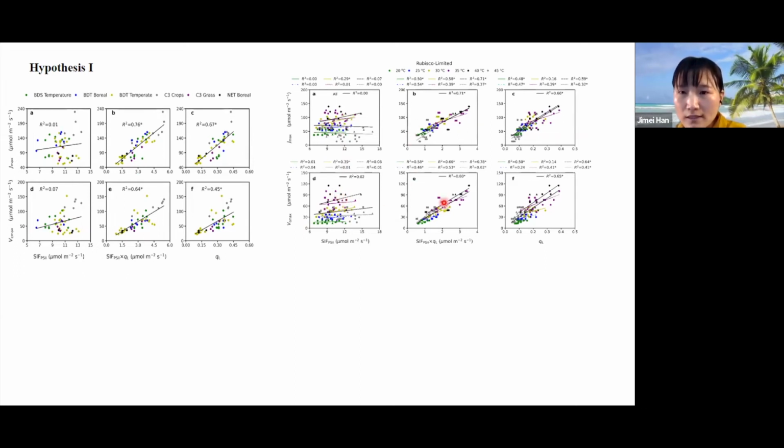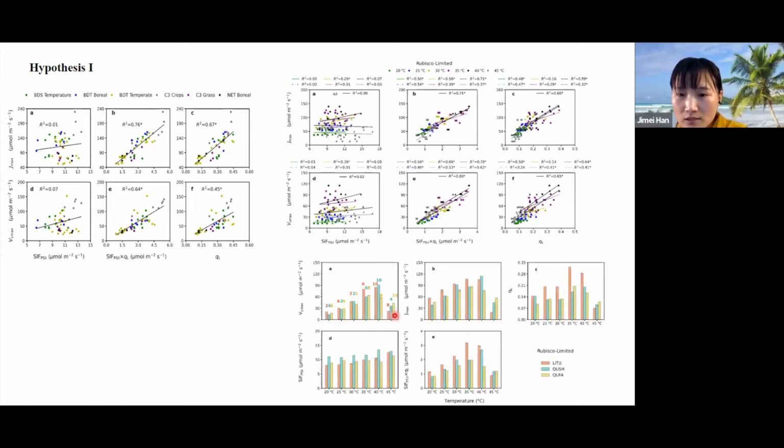Another finding is that the close relationship between Gmax, Vcmax with SIF holds relatively stable among temperatures. To understand it, we compared the temperature dependence of Vcmax, Gmax, QL, SIF.